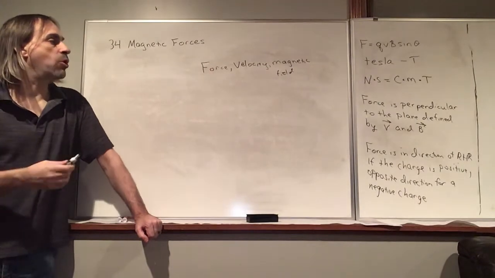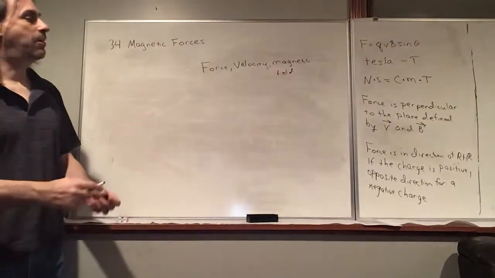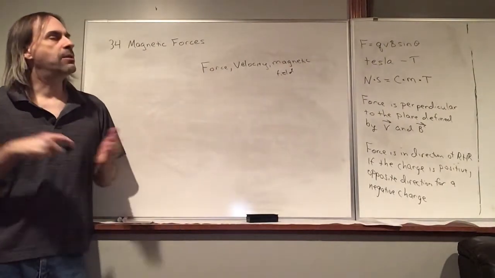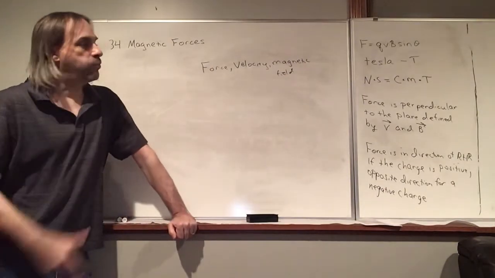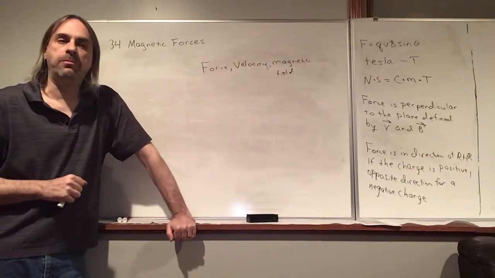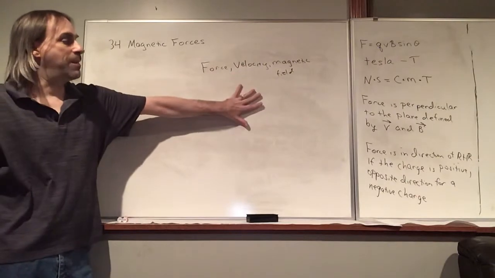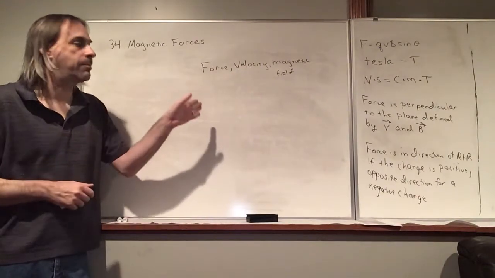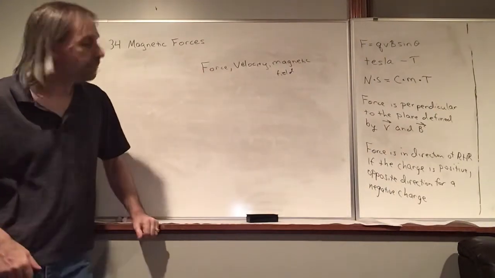Like the magnetic force is always perpendicular to the velocity and to the magnetic field. So again, we're forced to deal with 3 dimensions. So when it comes to drawing problems, we usually pick the magnetic field to be perpendicular to the plane. So a magnetic field is usually the one that we pick to be either coming out of the board or going into the board.